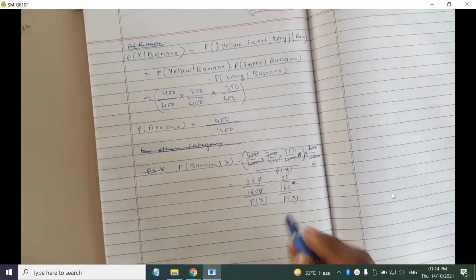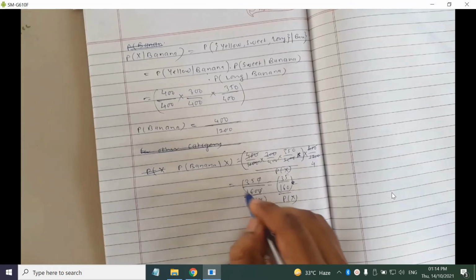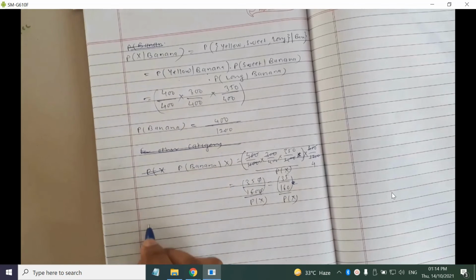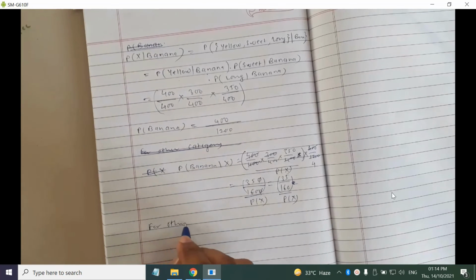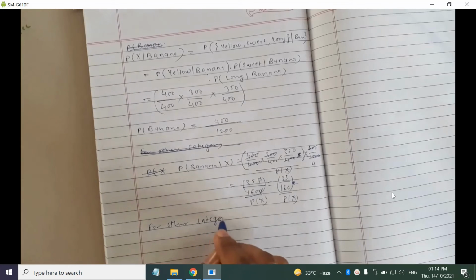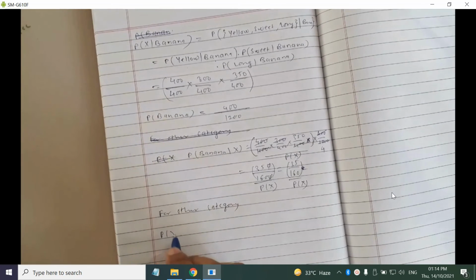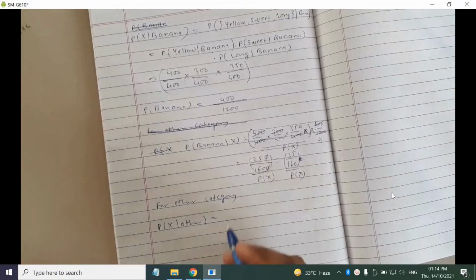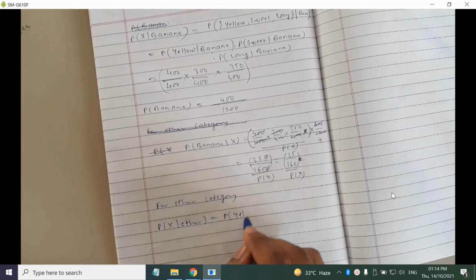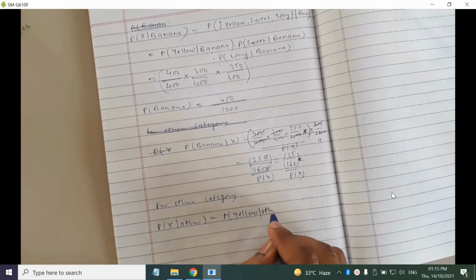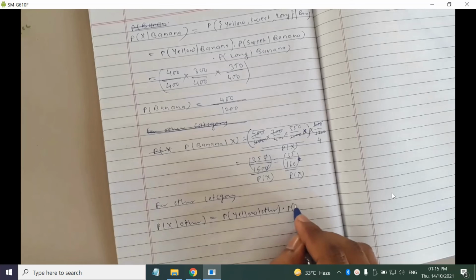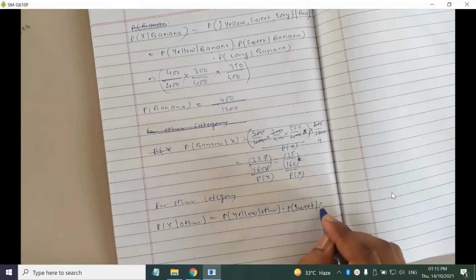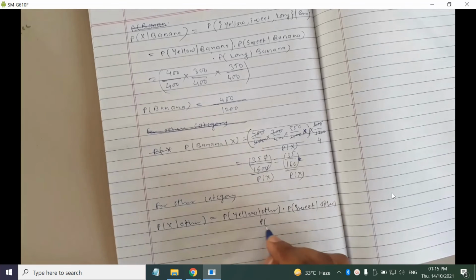Then for the other category, probability of x given other. Can I directly write probability of long given other into probability of sweet given other, probability of long given other?